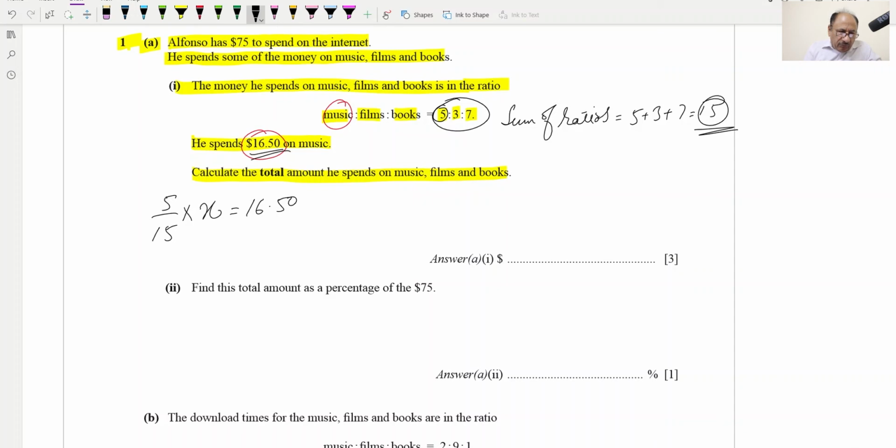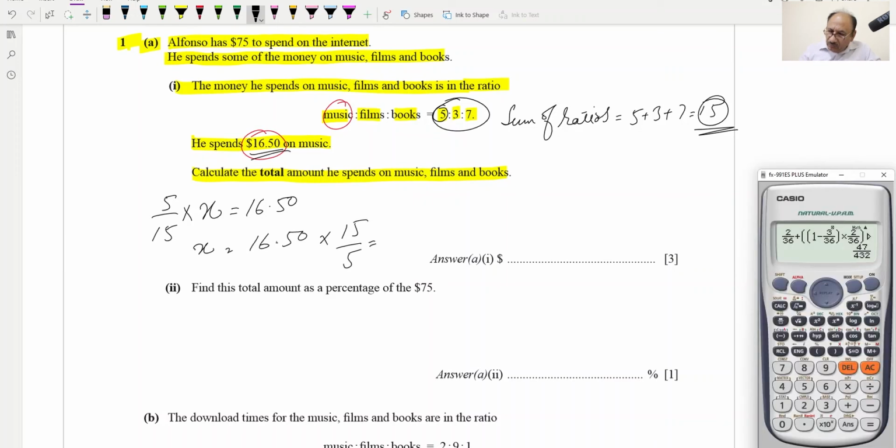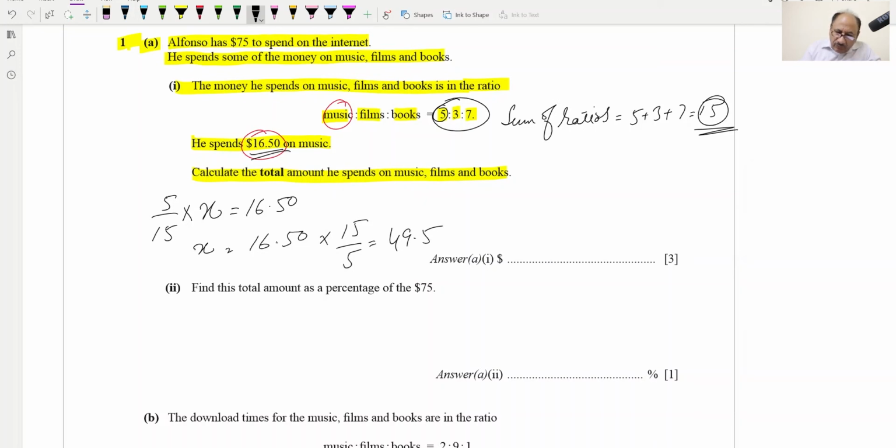This is how we will form the equation and find the value of x. We shift 5 over 15 to the other side, so it is 16.50 multiplied by 15 over 5. With the calculator, 16.50 multiplied by 15 divided by 5 gives 49.5 as our answer. This was a 3 marks part, which we are done.